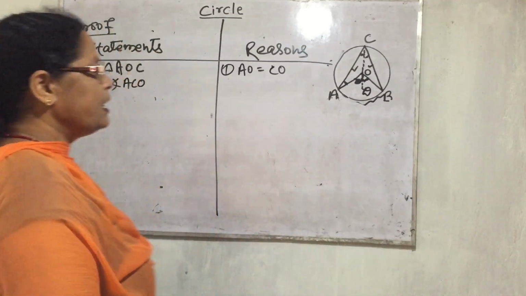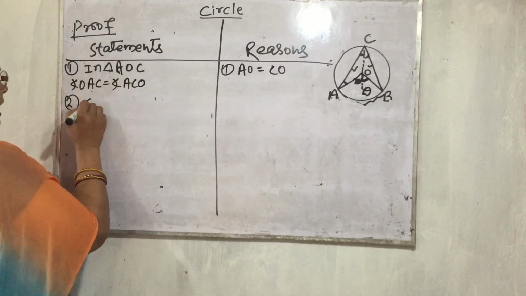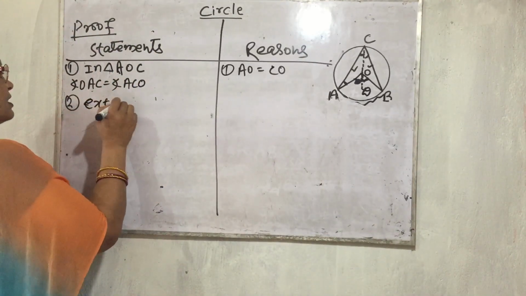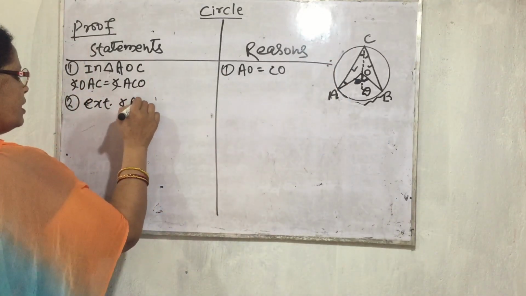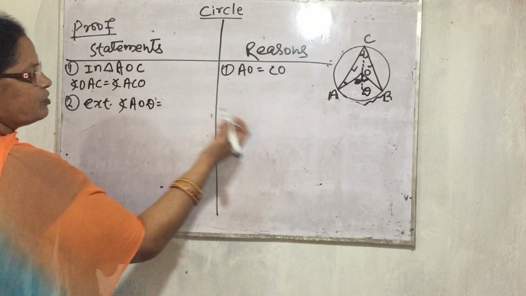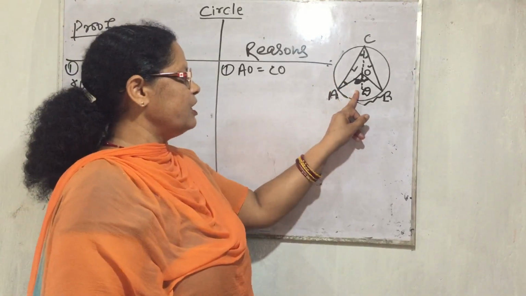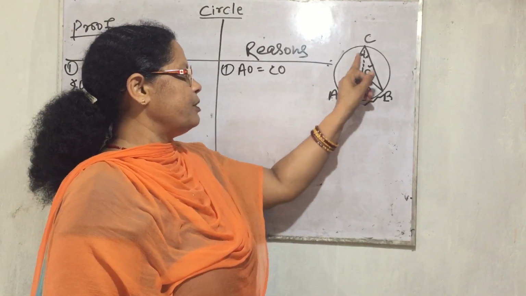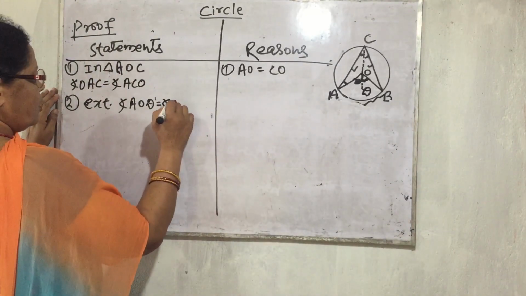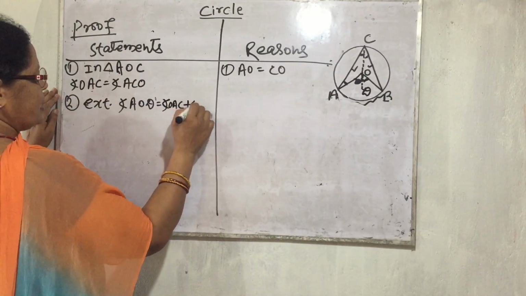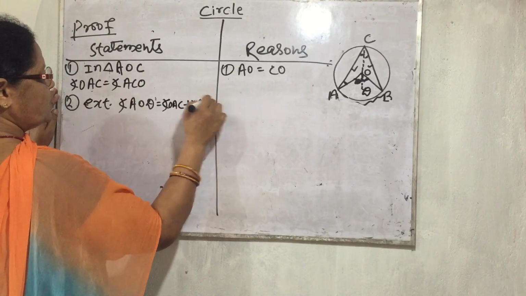After that, exterior angle, this AOD equal to, can we write down this exterior angle equal to this angle A plus angle C, means angle OAC plus angle ACO.